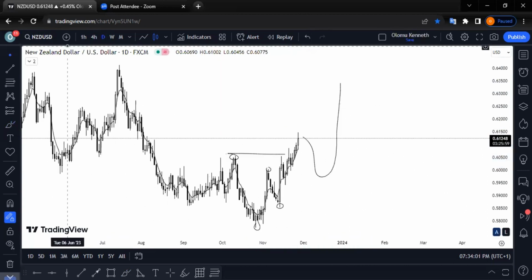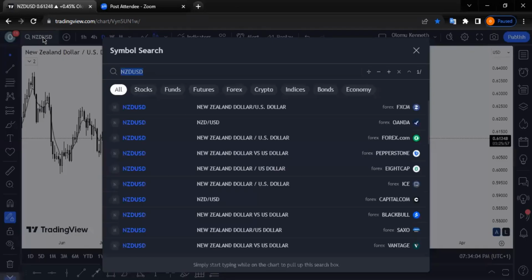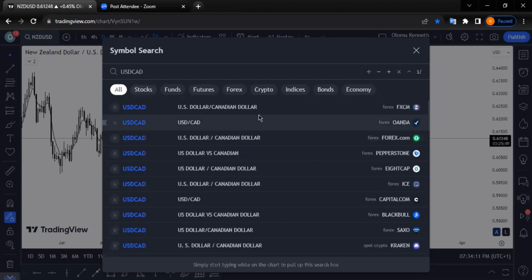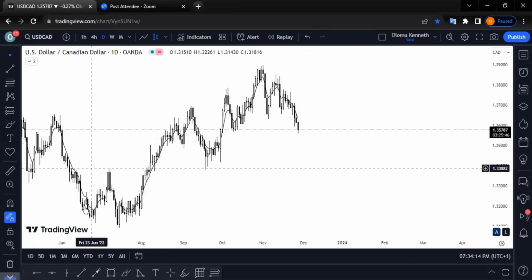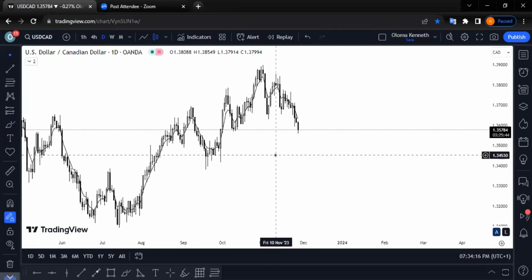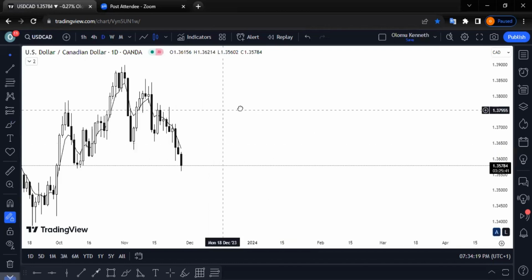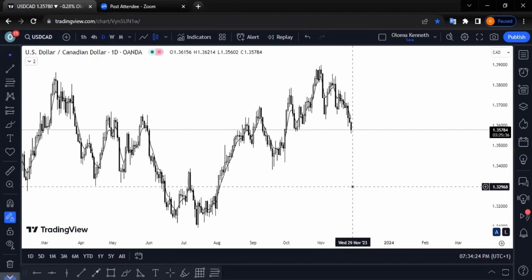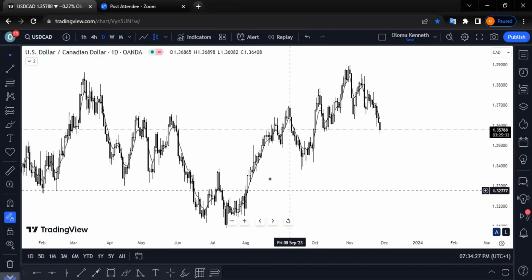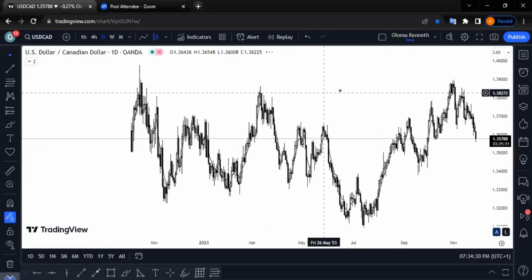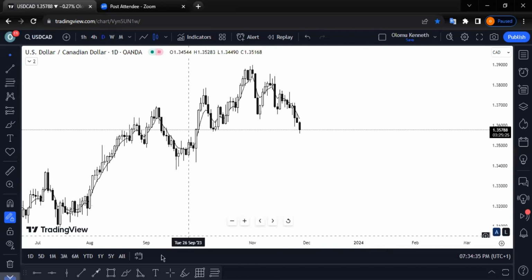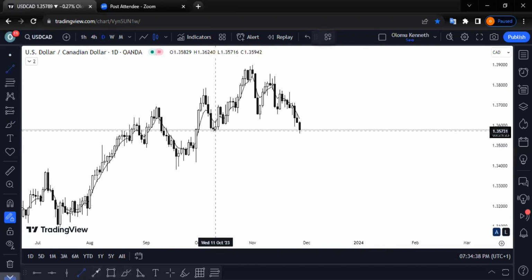All right, so you can see that the strength of the dollar is visible everywhere in the market. We can look at USD CAD, can look at USD CHF and all of that. So this is USD CAD. From the daily perspective, we can see that the market is still in the bullish environment. But then I can equally see something else.